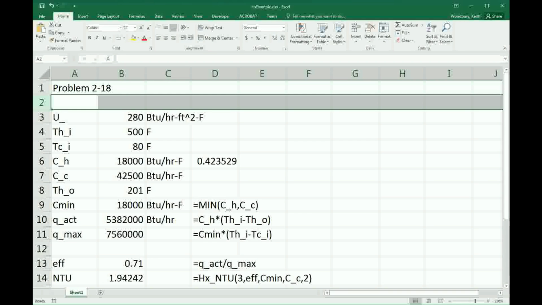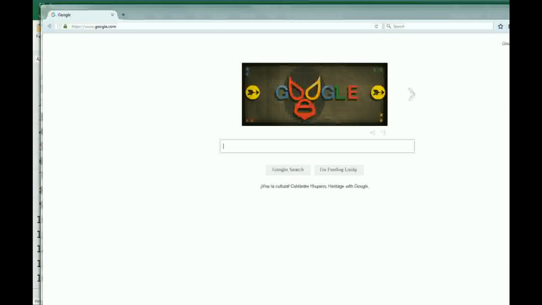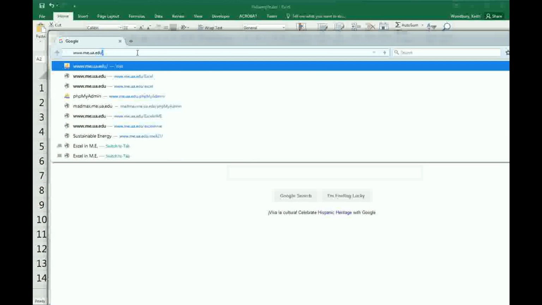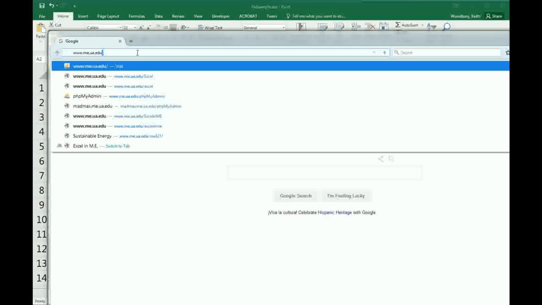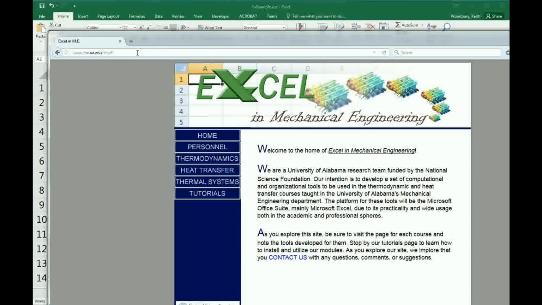www.me.ua.edu. I'll try to display that here for those that may not know where to find them. www.me.ua.edu, and if you go there to the Excel in ME website, www.me.ua.edu/Excel.